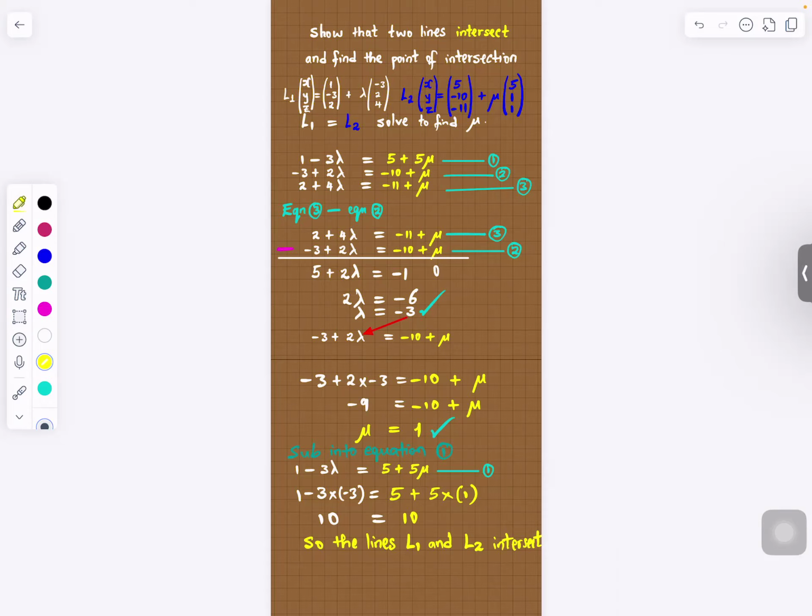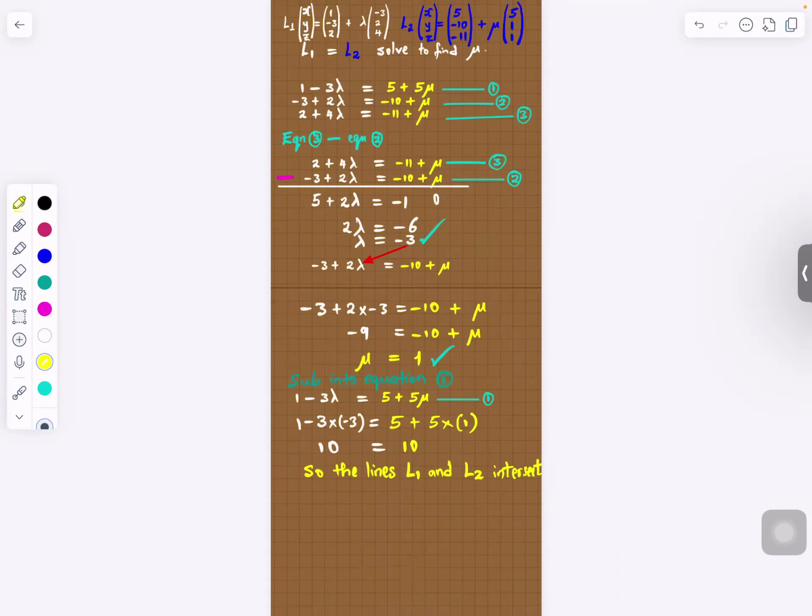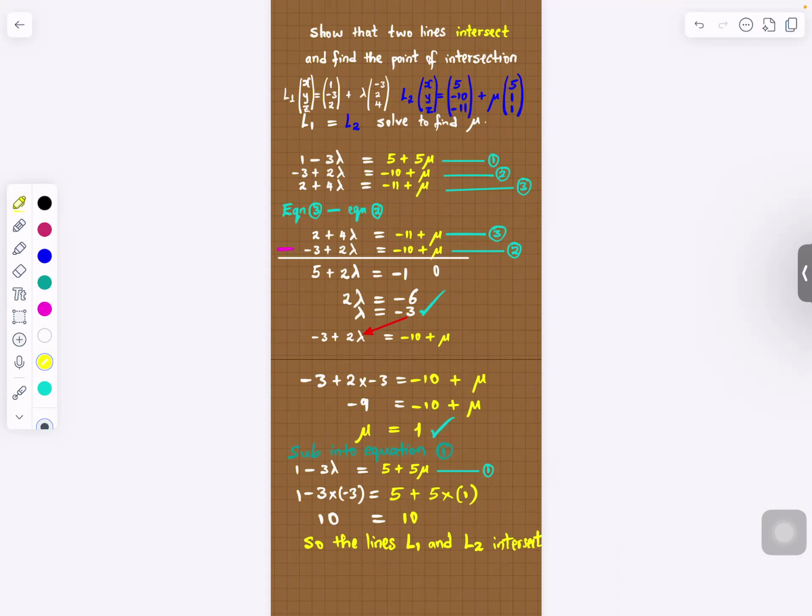So we want to find the point of intersection. We can substitute mu and lambda in any of the equations. So we know lambda is minus 3. Let's pick L1 and substitute it into L1. We have shown that they intersect, and we want to find the point of intersection.